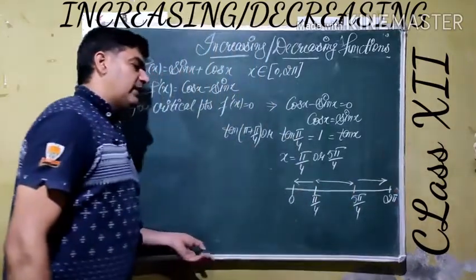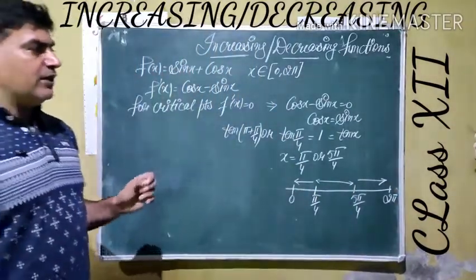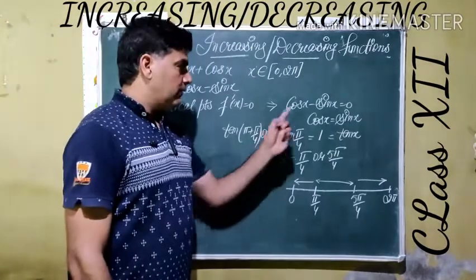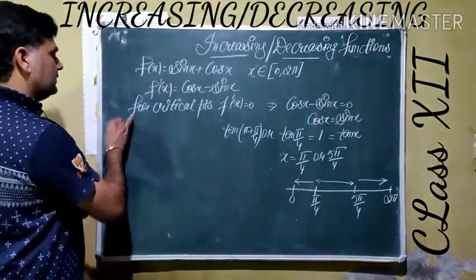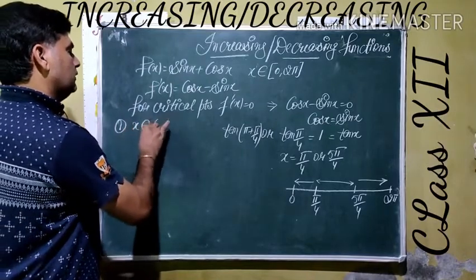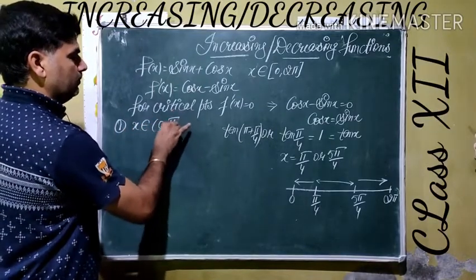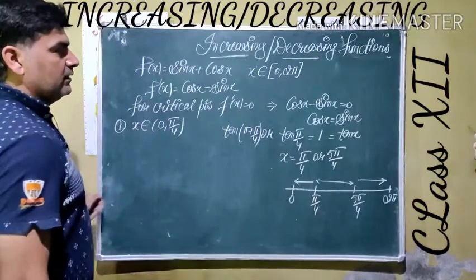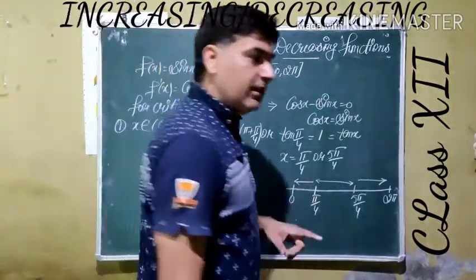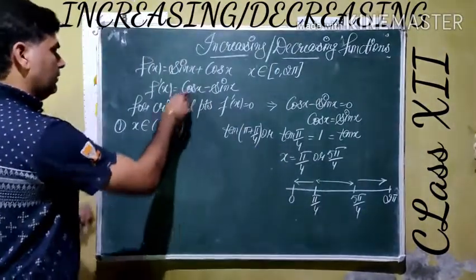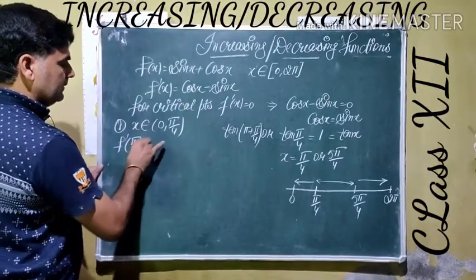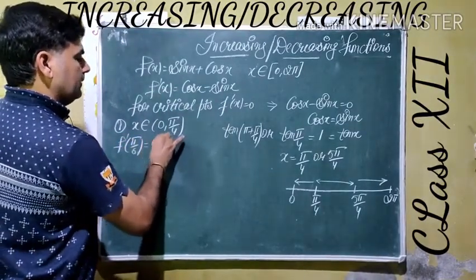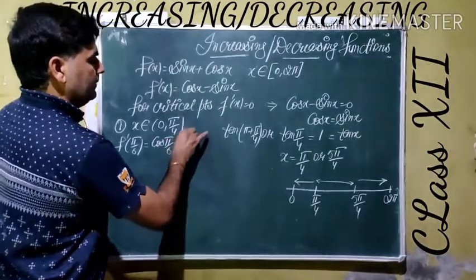So we are taking values of angles for which we know the function values from the table. From 0 to 45, the first case, x belongs to 0 to pi by 4. We are taking the example of 30 degrees because we know its value from the table. f dash of 30, 30 meaning pi by 6, is cos 30 minus sin 30.